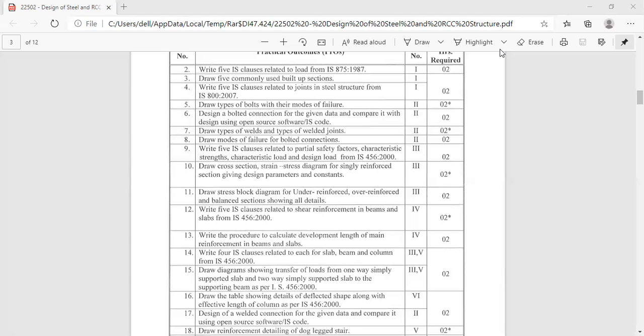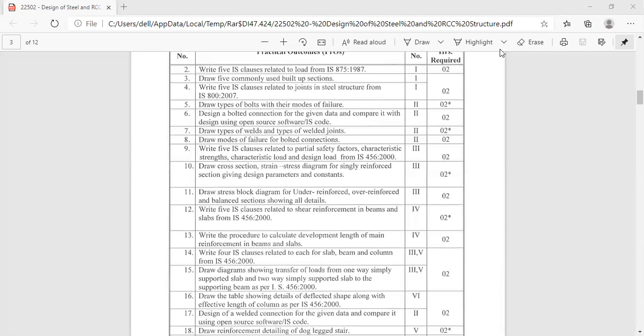Bearing failure is due to heavy load and stress, where the bolt is crushed around the circumference. So it is known as bearing failure. Tension failure: in this case the bolt is subjected to tensile stresses and fails due to the tensile load.